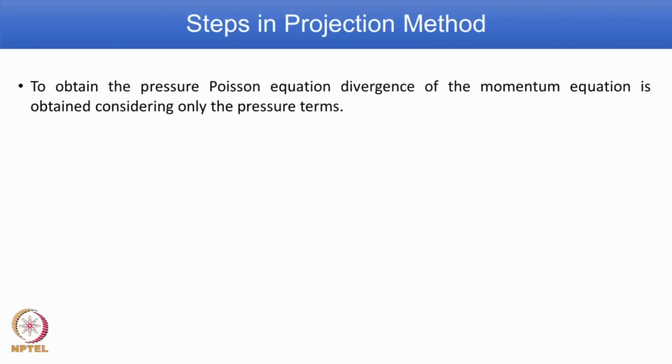Now, to obtain the pressure Poisson equation, the divergence of the momentum equation is considered, considering only the pressure terms. So, dou u by dou t equal to minus del p, and that implies u at n plus 1 level minus u star by delta t equal to minus del p.